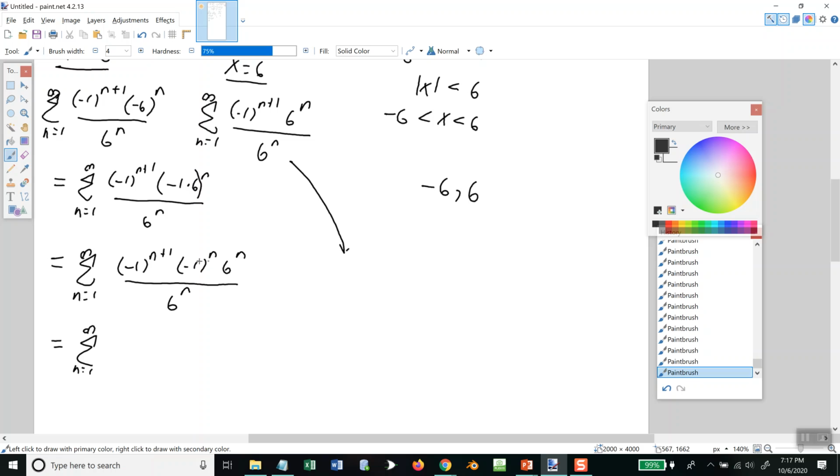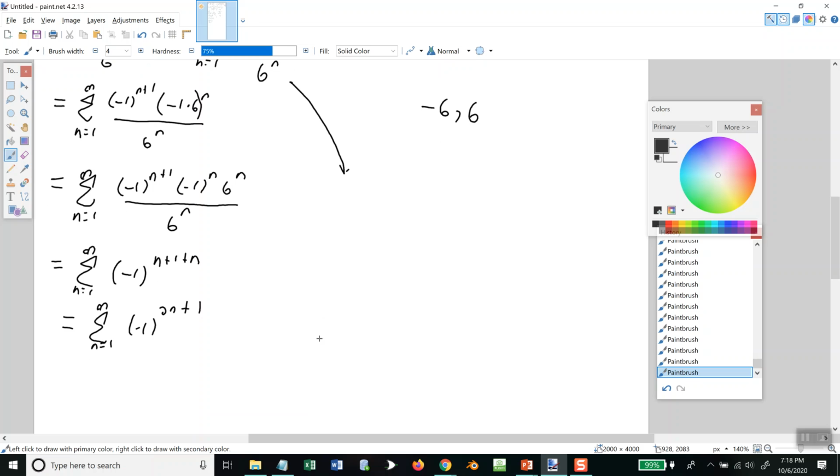And n plus 1 plus n, which is negative 1 to the 2n plus 1. Now 2n plus 1 is always an odd power. Not sure if that helps us.